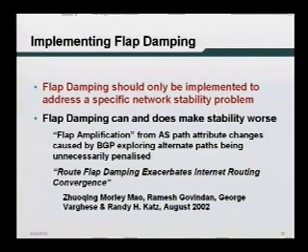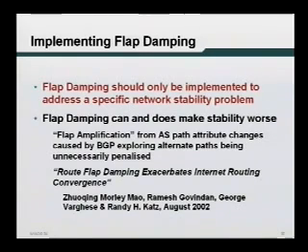A lot of people, and they still do these days, look up the configuration cookbooks or the templates that somebody wrote, and it says, oh, you should switch on BGP damping because it makes your network stable. Well, yeah, it might make your network stable, or it might make something stable. And it also could cause a lot of problems as well. So that's what I've highlighted in red there. Flap damping should only be implemented to address a specific network stability problem.